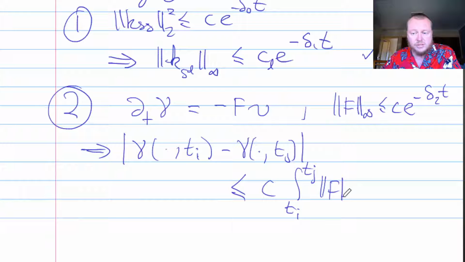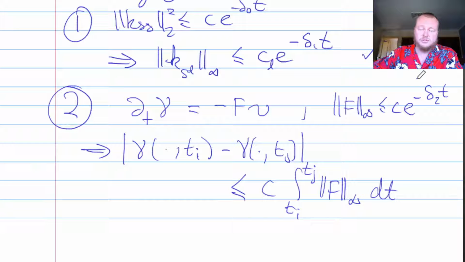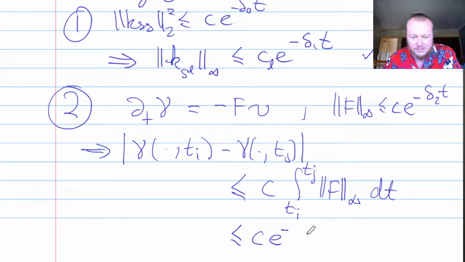And then you have this f in L infinity dt. And now you can just plug in this exponential factor, and you can just integrate it. You're going to get something that is smaller than or equal to c e to the minus some constant, let's say delta 2 Ti. So in particular, if you take these times sufficiently large, this distance becomes very small.